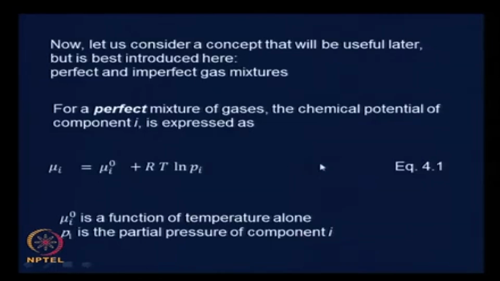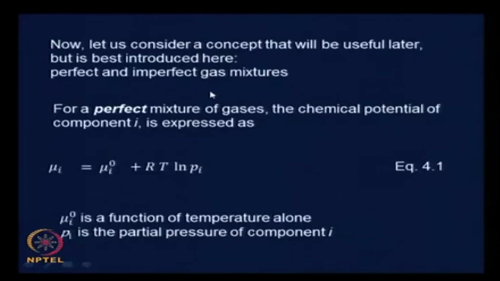And we said that we will introduce a concept that we will use later, which is that of perfect and imperfect gas mixtures. Please take this on face value as of now. For a perfect gas mixture, the chemical potential of component I in the solution is expressed as mu I equals mu I naught plus RT ln Pi.